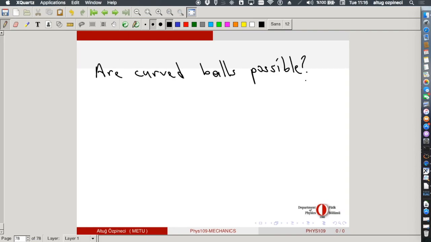Do you know what a curved ball is? No, it's not the shape of the ball itself, but if you have ever watched a football game, especially in the corner shots, this is the goal, this is the corner, you hit the ball, and according to our derivation now, the ball should move in this plane.